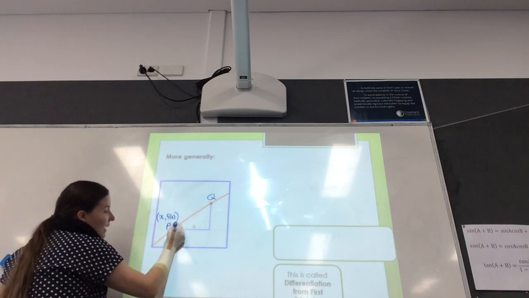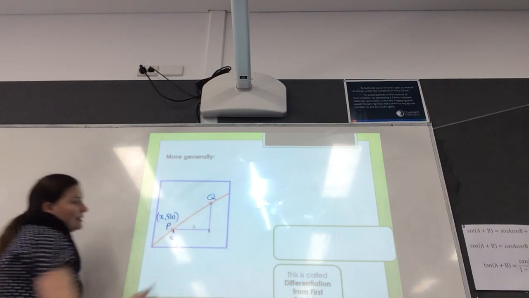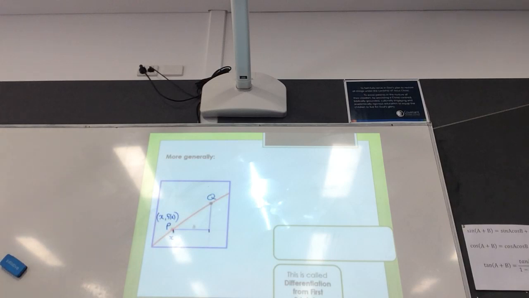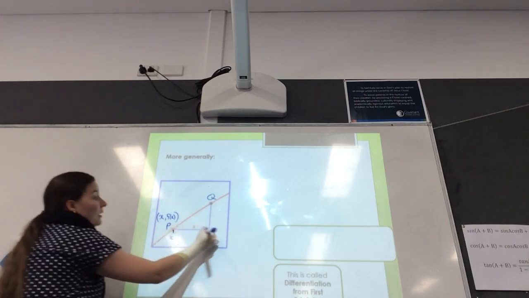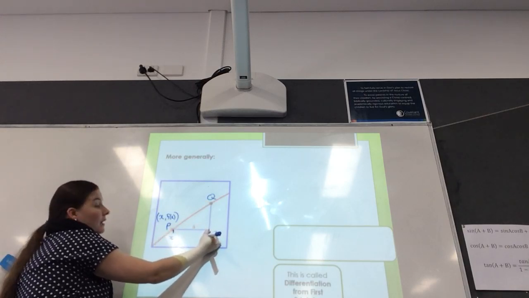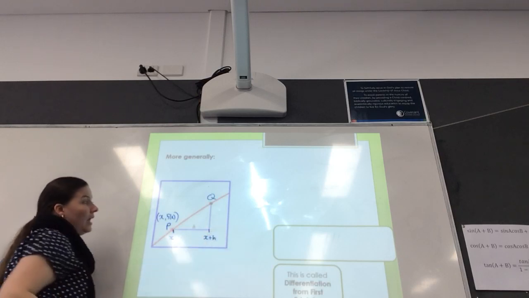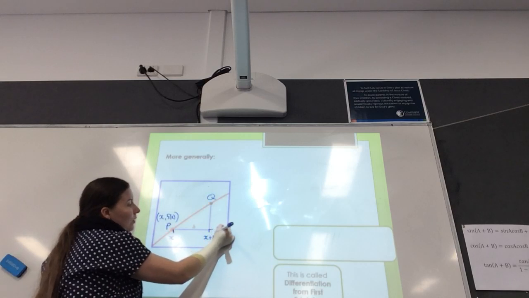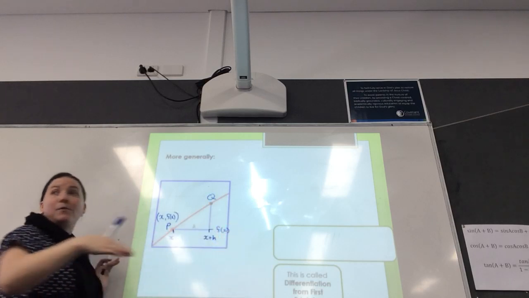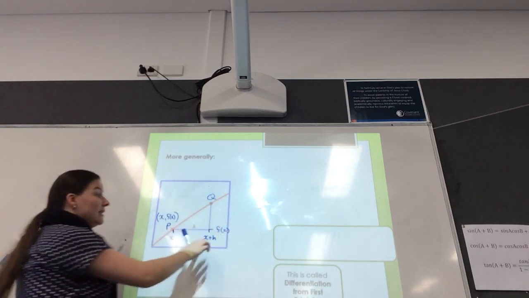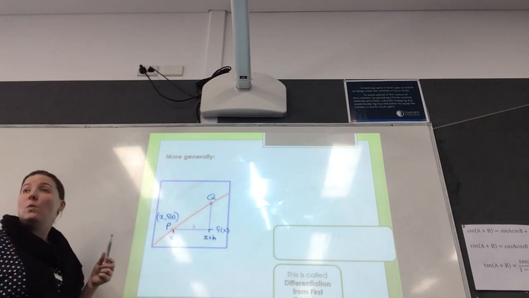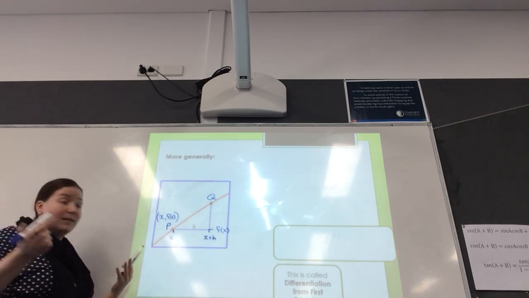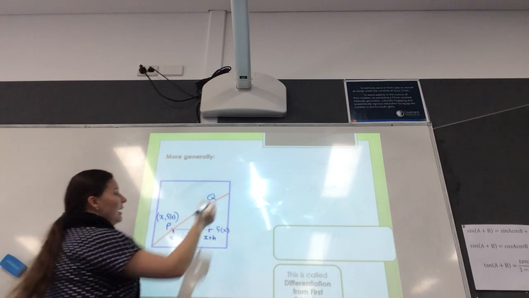And I've got my x value here, which means my second x value is x plus h, okay? Which means my second y value is f of that, yeah? Sub this x value into the equation, into f of x.